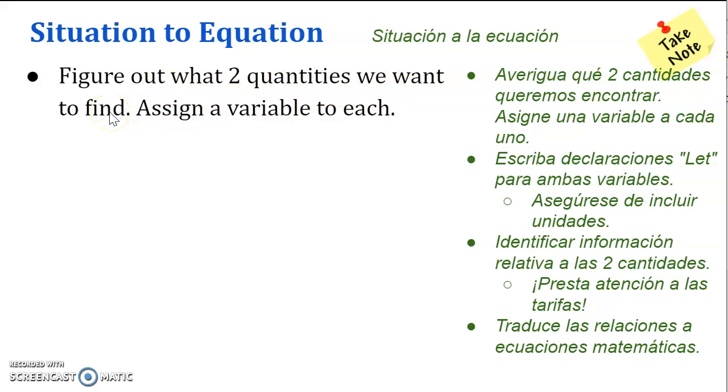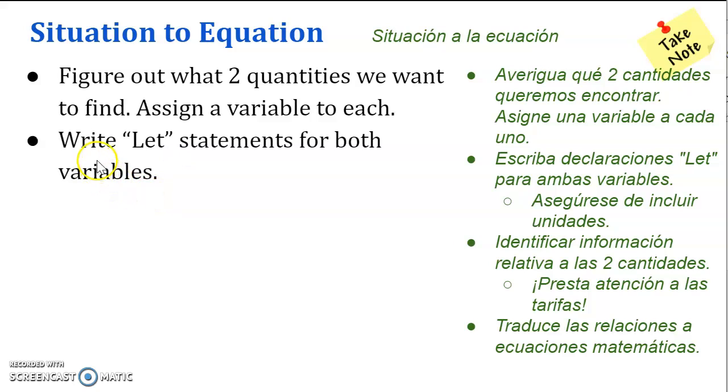What are the things that we want to find? And then we assign a variable to each. Then we write a let statement for both variables. So like we said, let x is equal to number of mangoes, let y is equal to number of guavas.